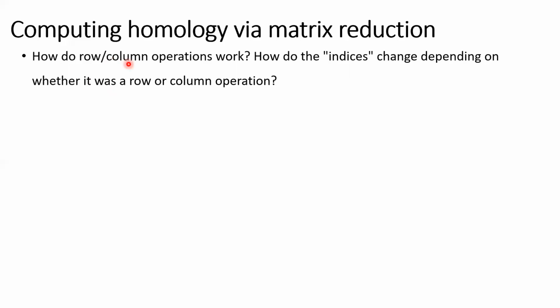Now the second type of question that we got looks like this. How do row or column operations work? How do the indices change depending on whether it was a row or a column operation? This is a question regarding the inner workings of the reduction algorithm. I think it's best explained with an example. So think of a matrix that looks like this, a 2 by 3 matrix.